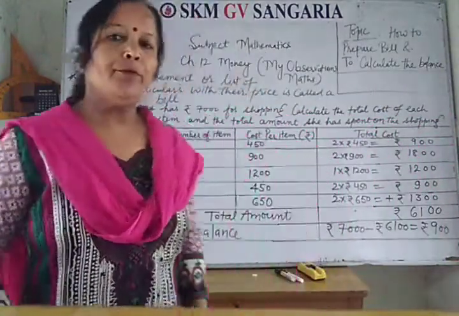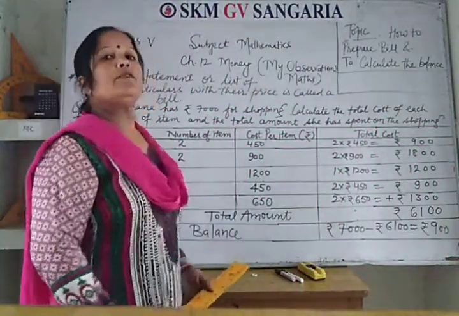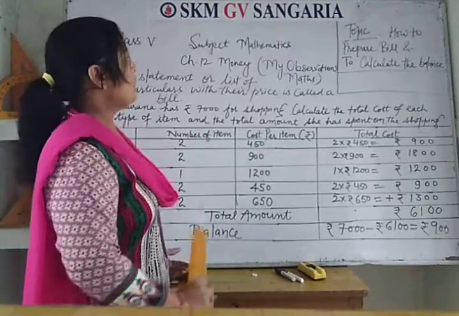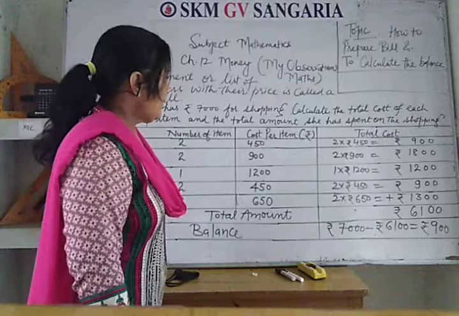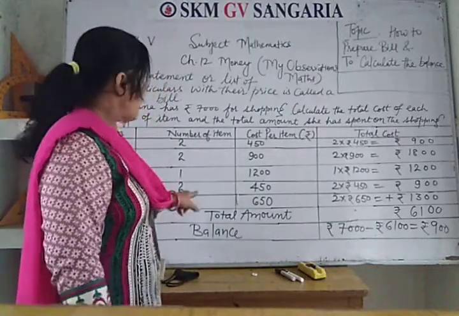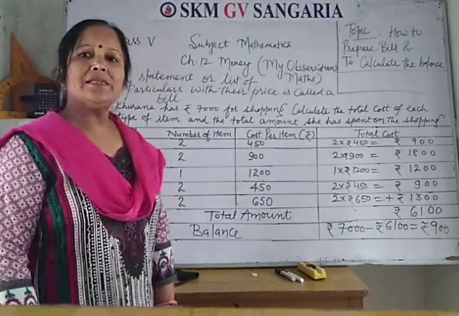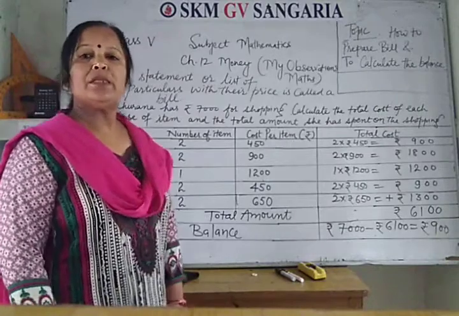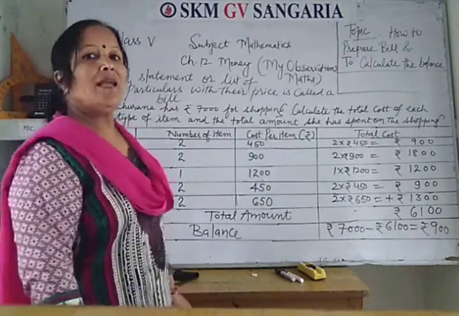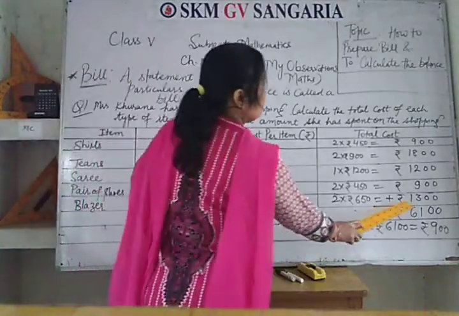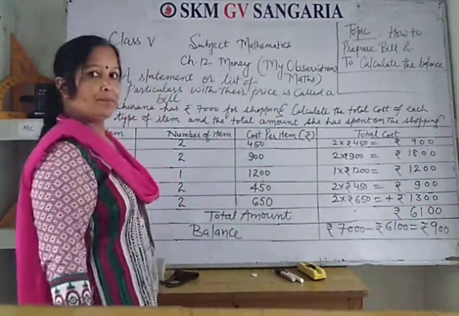Please take a notebook with you for rough work, for calculation, when you are going to prepare a bill. Then the total cost of 2 blazers will be 2 into rupees 650. It is rupees how much? 1300.